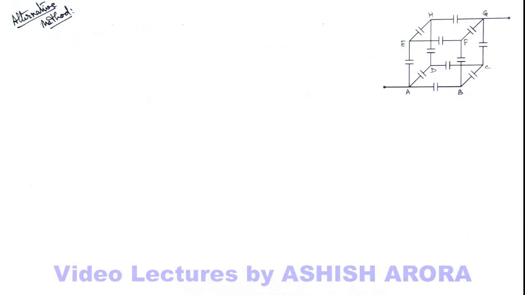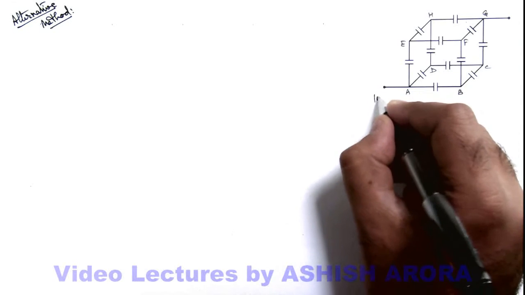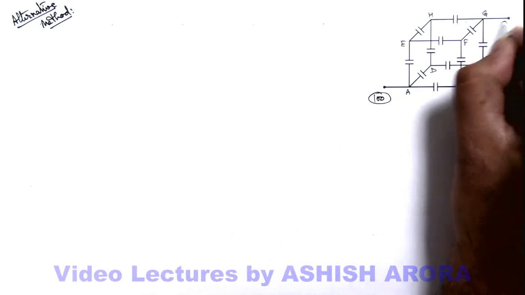Let us discuss the alternative method for the same problem, which we have discussed in the previous problem also. By potential distribution, here the potential is 100 volt and here the potential is 0 volt.